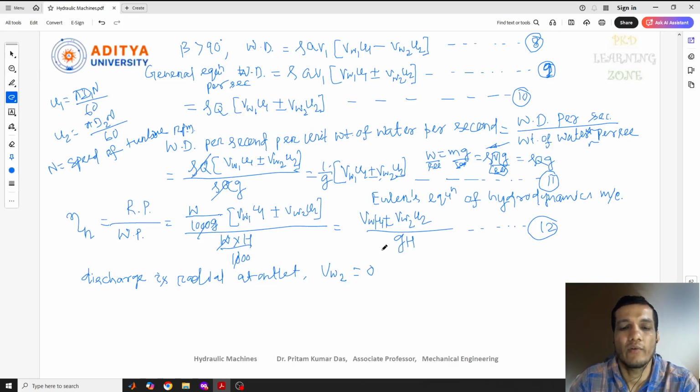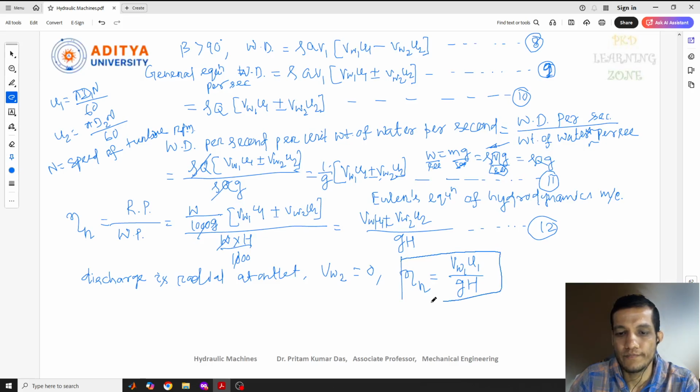Radial condition at outlet means it will be a straight line, not an axial one. So this part is 0, and efficiency equals VW1 U1 by gH.